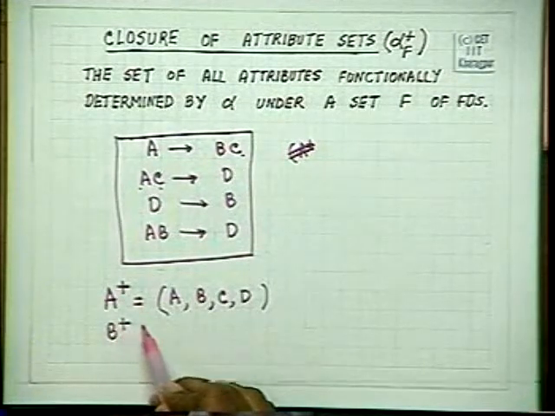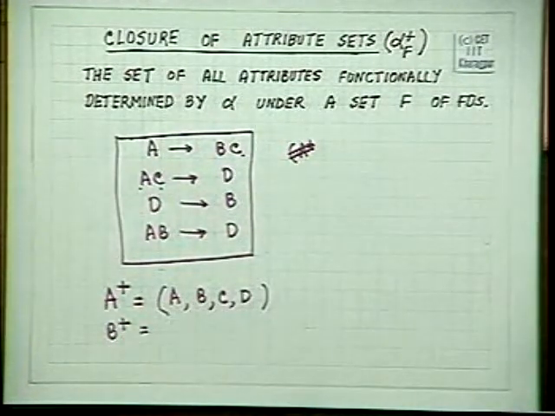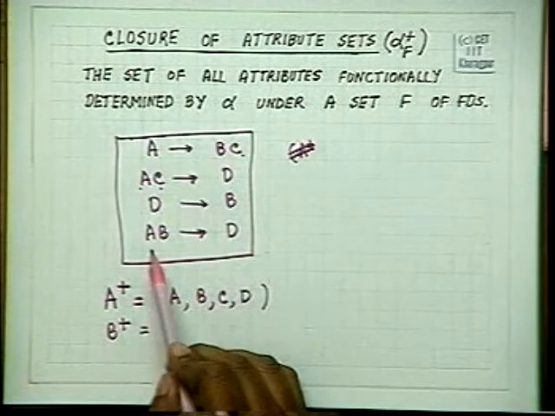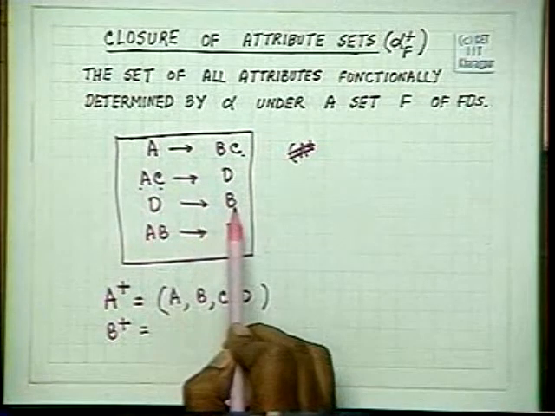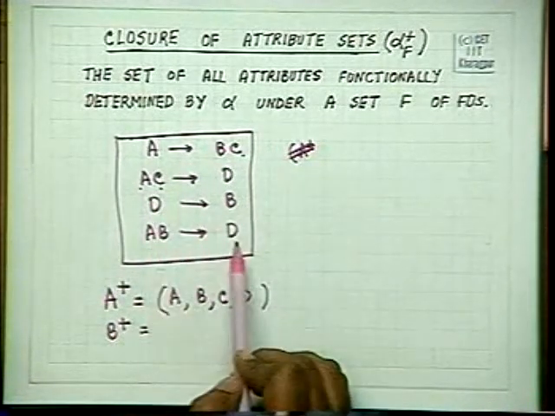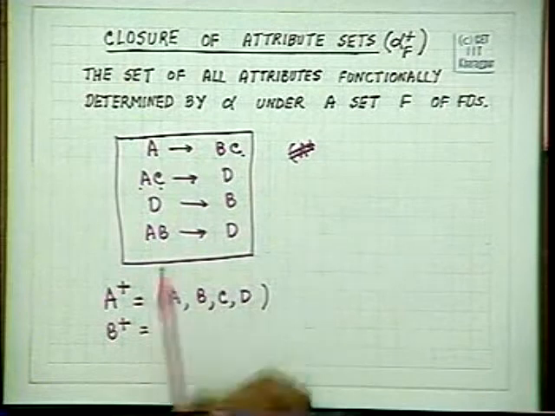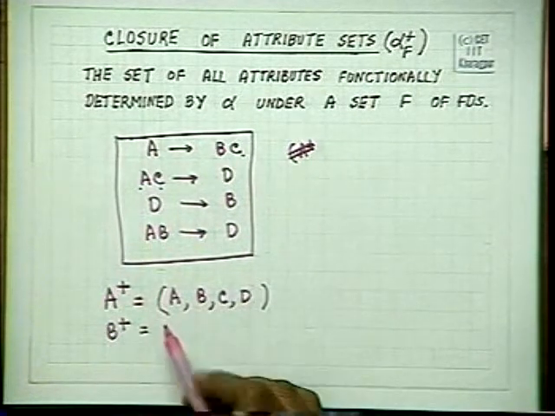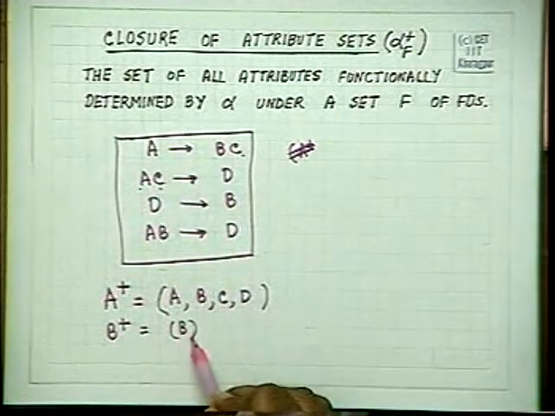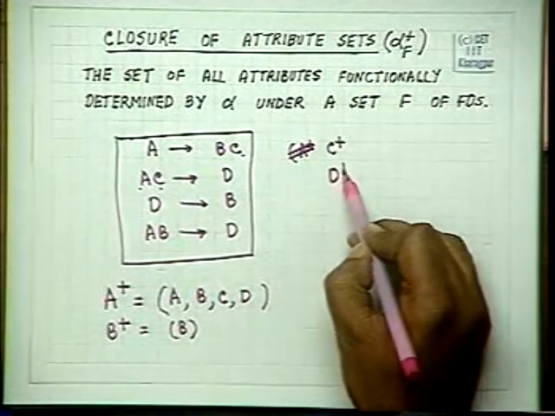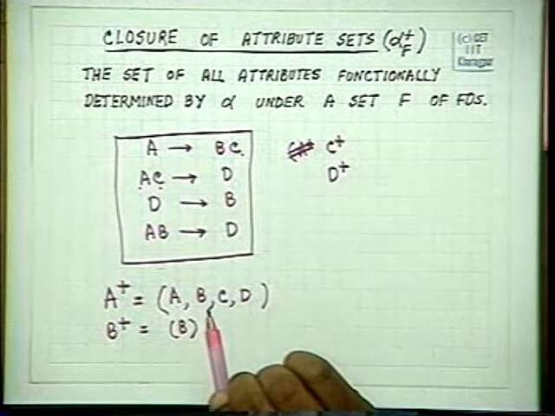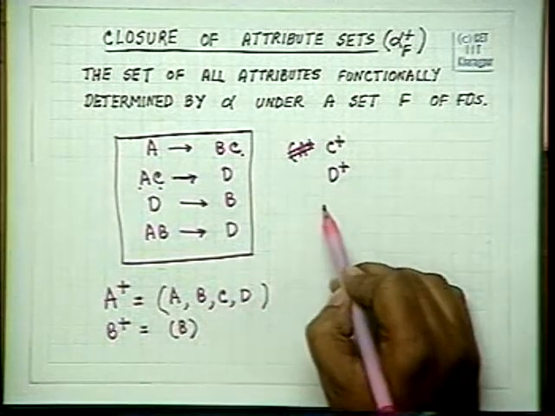B plus. D gives B, but B gives nothing. Only when combined with A it gives something. So, B plus is B. Similarly, you can compute C plus, you can compute D plus. Then you can compute what is AB plus.